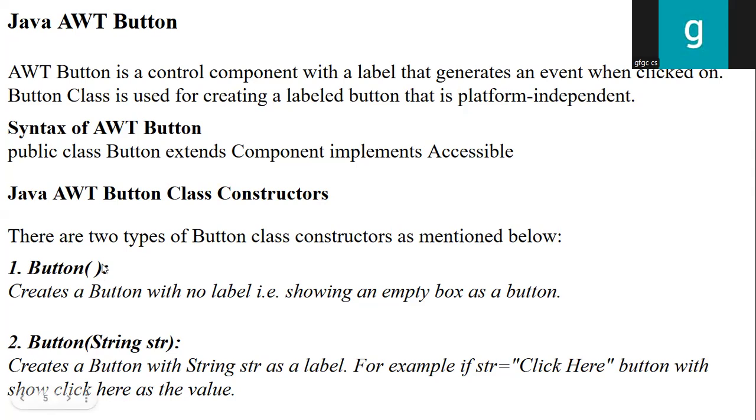Next is the Button string. Here, string is nothing but whatever name I want to mention on that particular button, I have to write over here. Here I have given in double inverted commas, click here. If I write click here, a button with that name will be created.